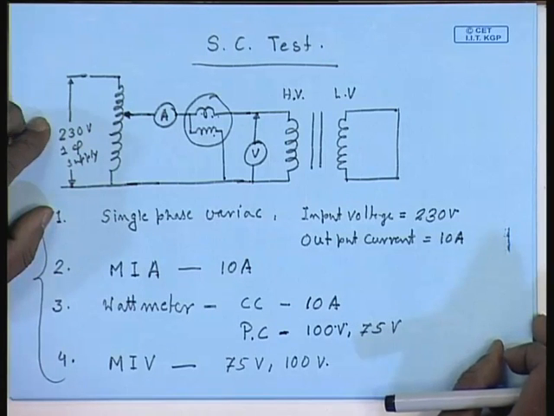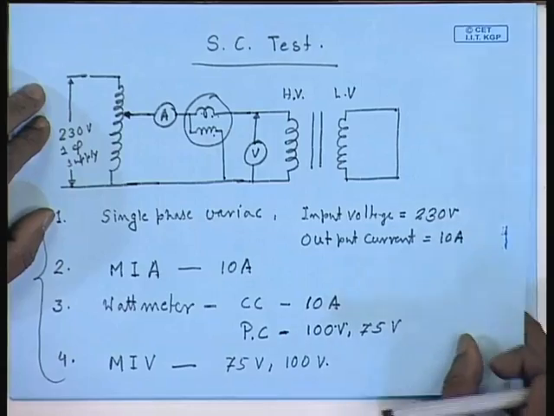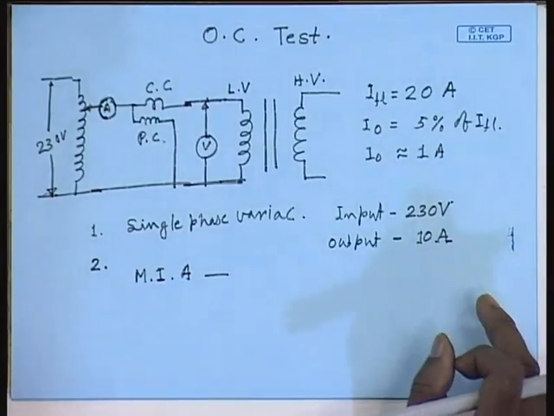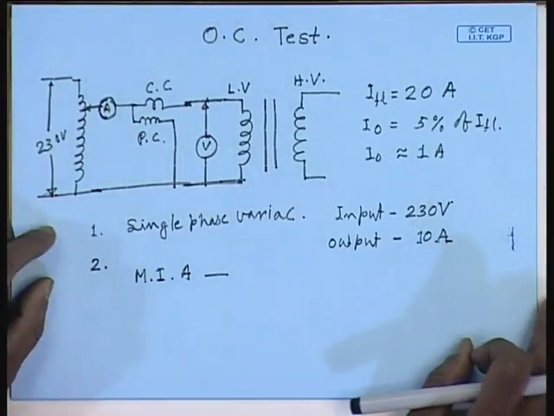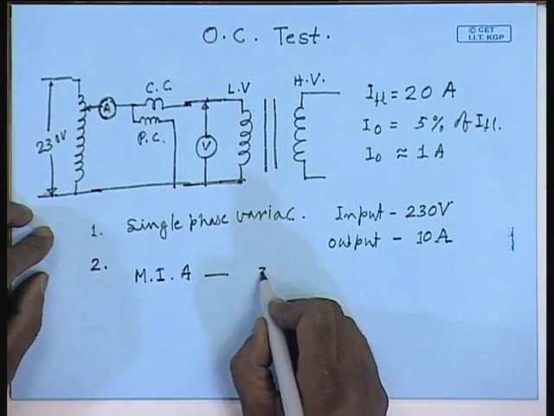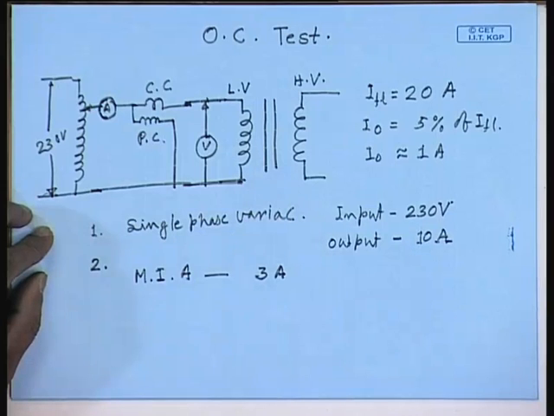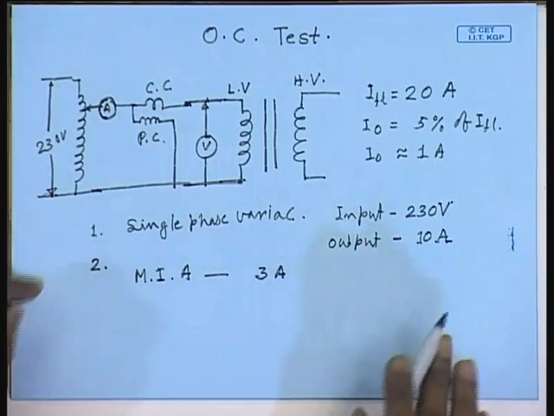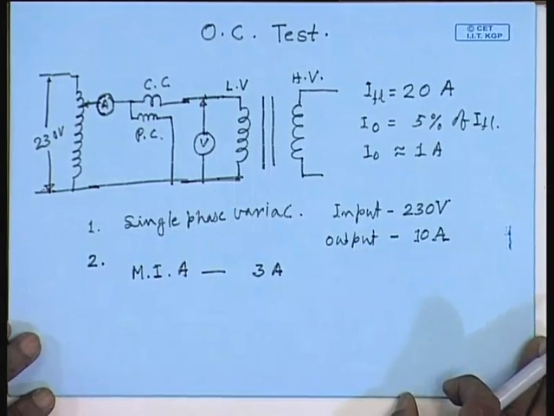At the lower end, the accuracy suffers. Therefore, it will be necessary to choose a lower rated ammeter. So, let us choose something like a 3 ampere rated ammeter for this test, since the same 10 ampere ammeter will possibly give an erroneous result.